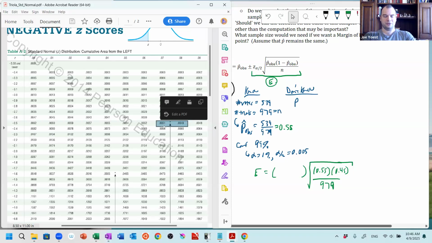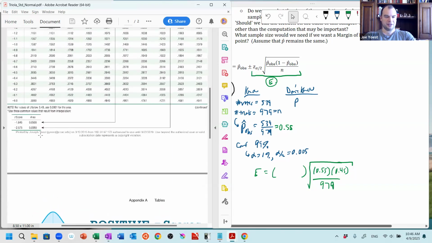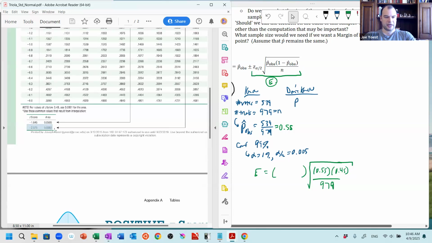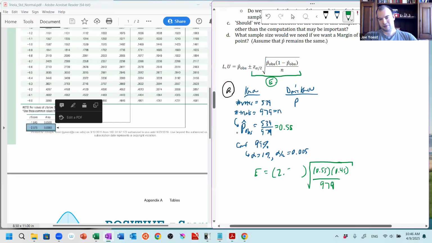I actually see that 0.0050 is right between 0.0049 and 0.0051. That's another one of these special cases, and it's indicated because these come up often, and we can get a little more accuracy here. So for 0.5% area to the left, that z index would be negative 2.575. So for 0.5% area to the right, we just flip it over that zero axis to positive 2.575.